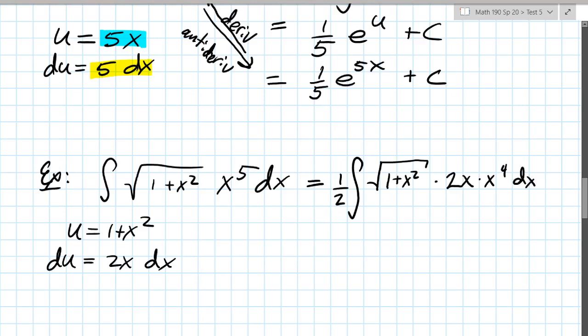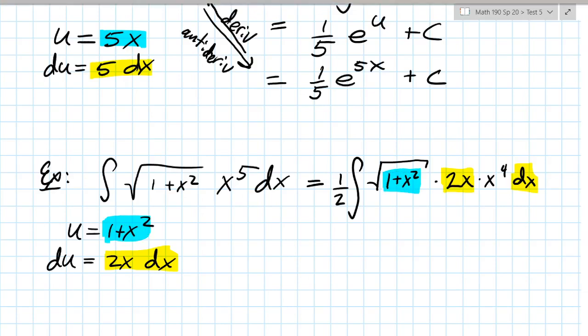So now let's take a look and see what we have. We have our 2x dx right here. We have our u right here, but there are still some x's left over.